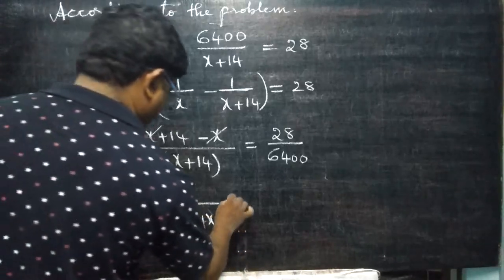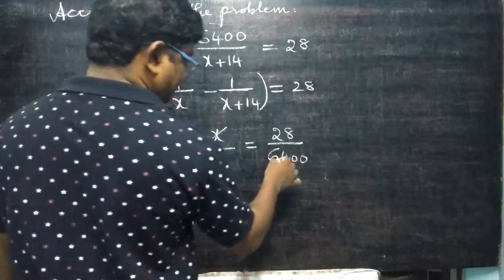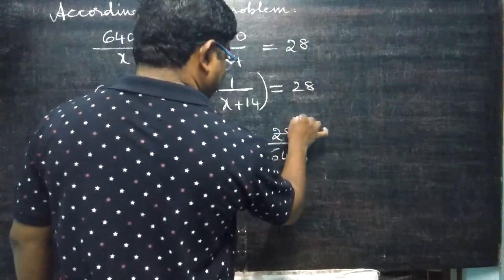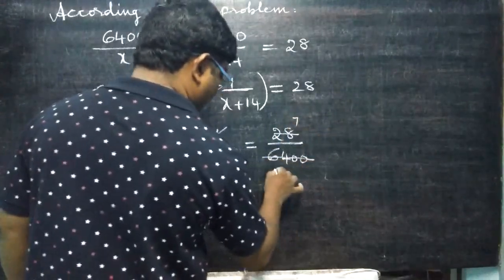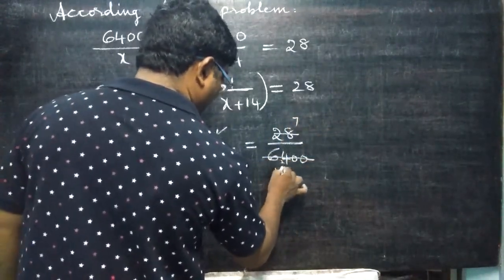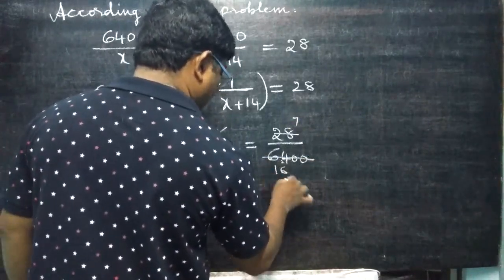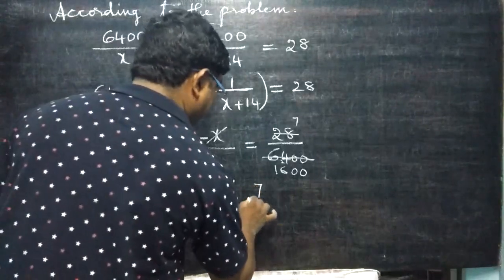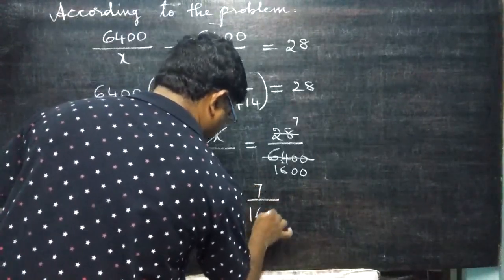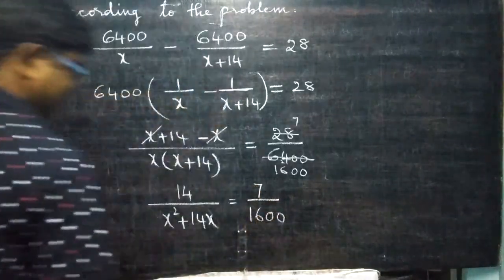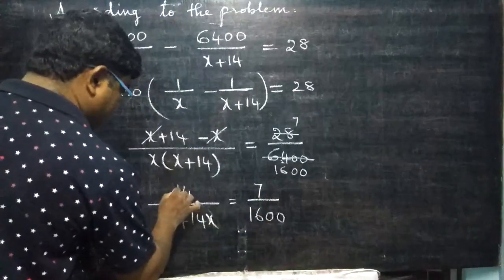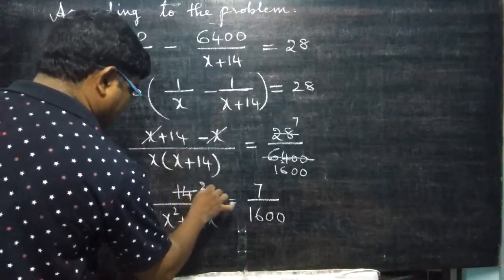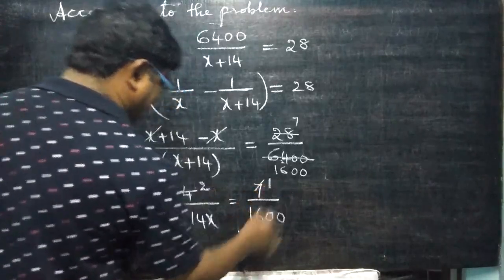14 by x square plus 14x is equal to, here simplification. 4 sevens are 28, 4 ones are 4. 2 remaining. 4 sixes are 24, 0 0. Now 7 by 6, 1,600. Again 7 table is common. 7 goes here 2 times, 7 goes here 1 time.